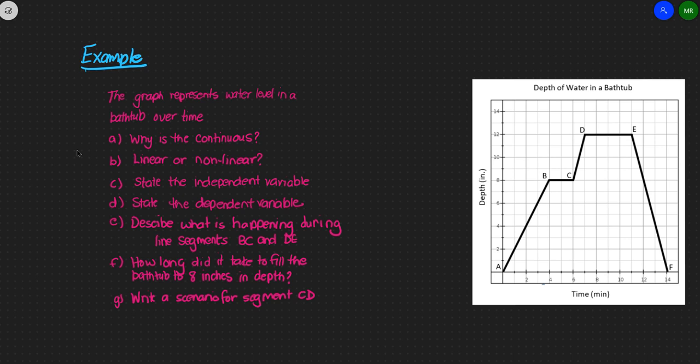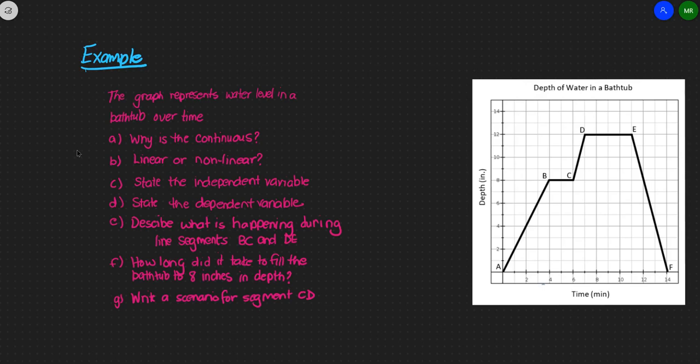What is the independent variable? What is the dependent variable? Describe what is happening on segments BC and DE. How long did it take to fill the bathtub? Take 8 inches in depth. And I want you to write a sentence for the scenario for segment CD. So pause the video, take a moment, and let's get that done.